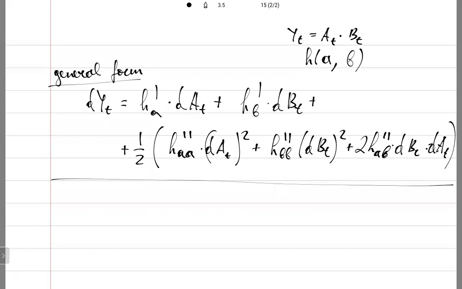You may also have something more general, like yt is a function of at, bt, and t. In this case, you will have one more term like h prime with respect to t times dt.